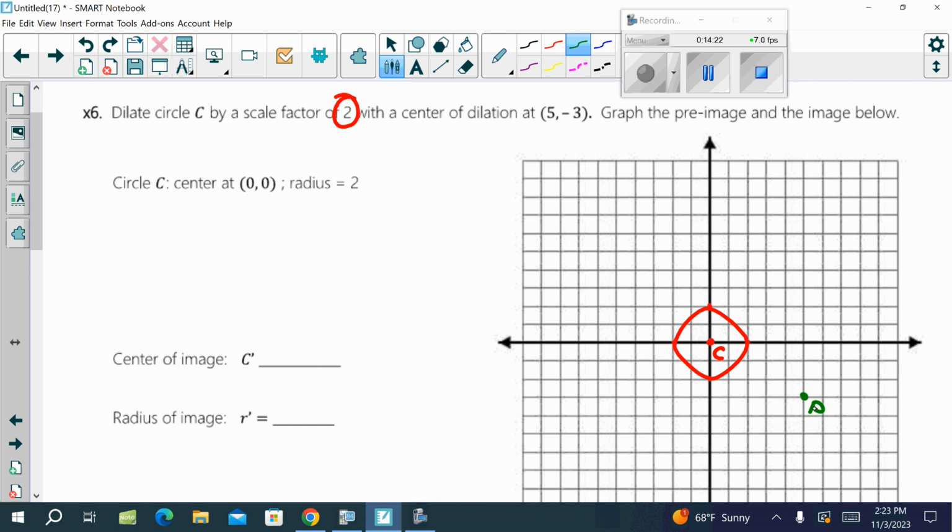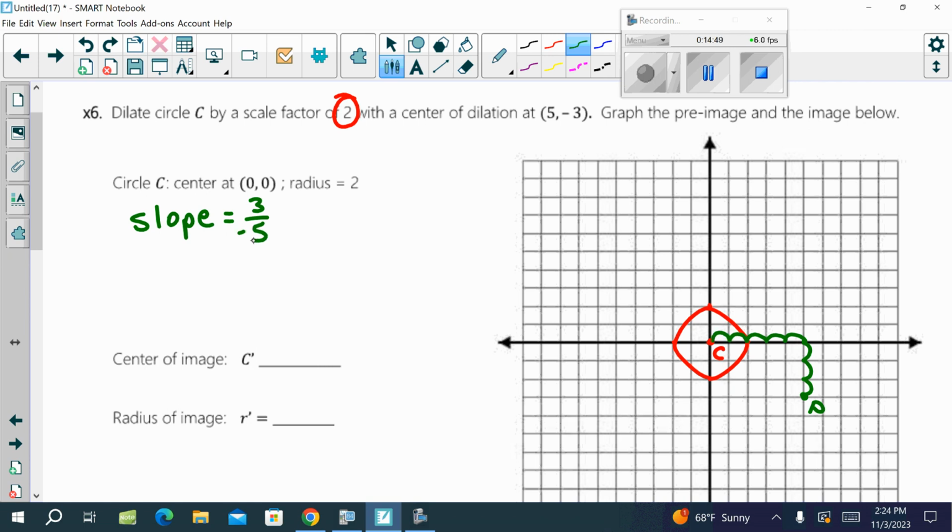Okay, so what we do whenever it's not at the origin is we work with slope. So you find the slope from point P to the center. Okay, so if we go up 1, 2, 3, we rise 3, and we run 1, 2, 3, 4, 5.